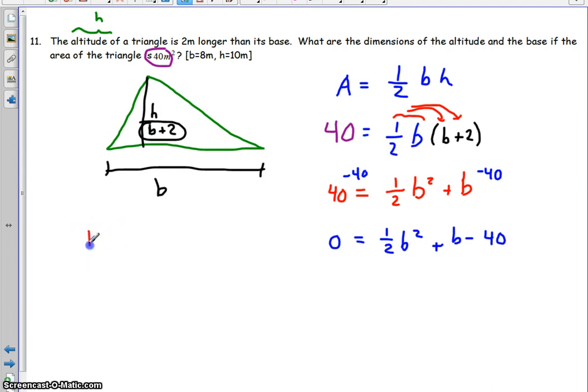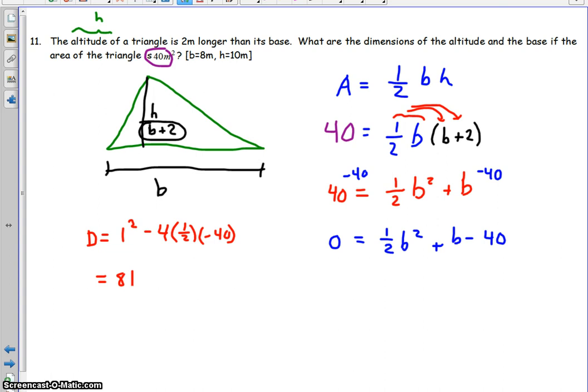So I'm going to check my discriminant here. b in this case is 1, so I have 1 squared minus 4 times a half times negative 40, which gives me 81, which is of course a perfect square, so this does factor.